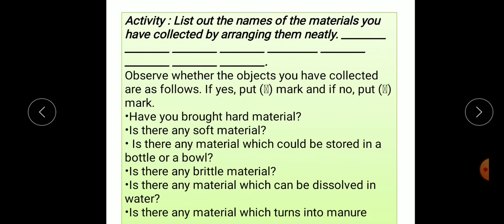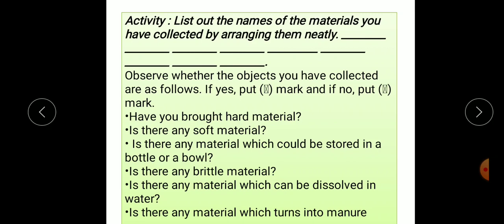Yes, flower and grass are soft materials. Is there any material which could be stored in a bottle or a bowl? Yes, ink pot. Ink inside the pot we can store. Yes, that is correct.